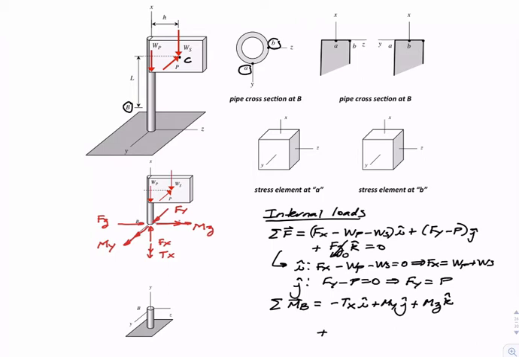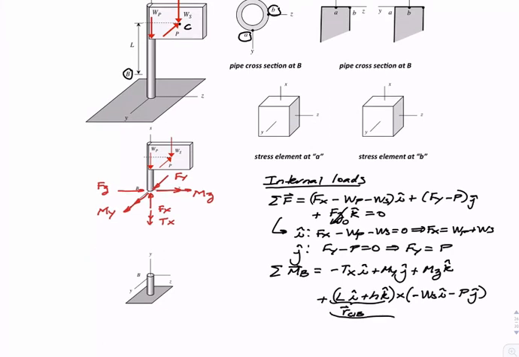So I need to go from B up to C, so this is going to be L i plus H k. This is the vector which extends from B to C, cross with the force, so this is the weight of the sign and the wind force in the j.